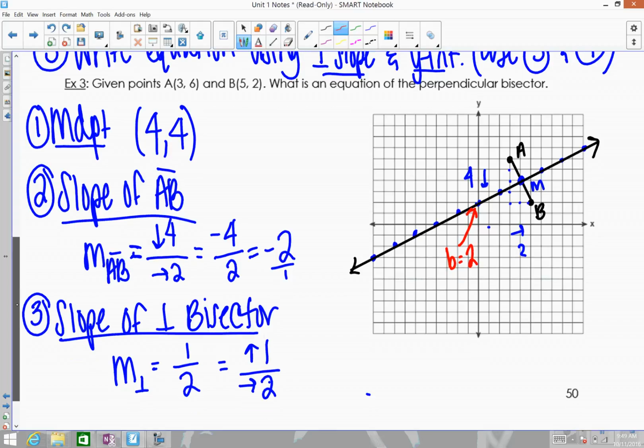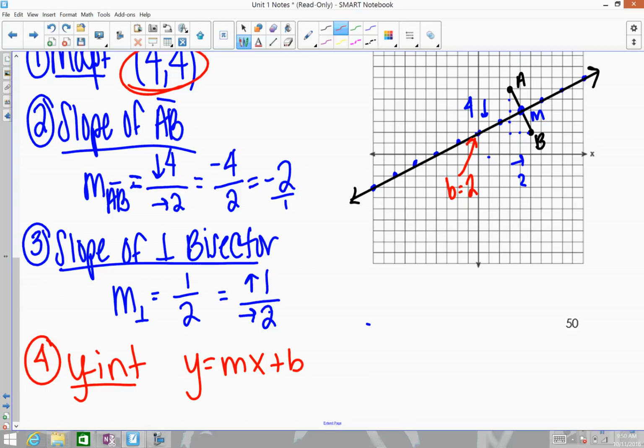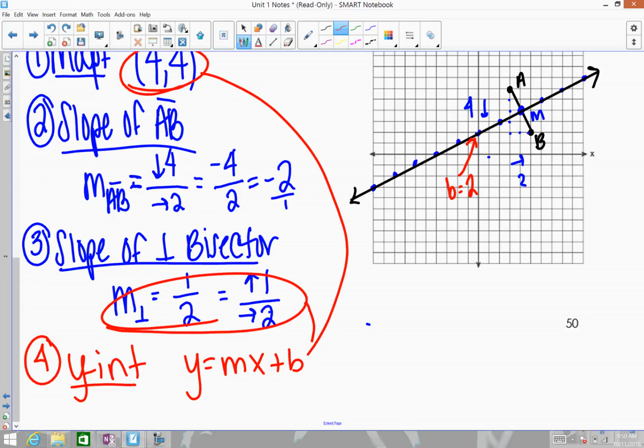Now, remember what I said, step 4, to find the y-intercept, you could plug in. If I plug into y equals mx plus b, you plug in the point that you want your equation to pass through. I want my line to pass through the midpoint, so you use the midpoint and the perpendicular slope. You have to make sure that you use the perpendicular slope and the midpoint, because you want it to have the perpendicular slope and pass through the midpoint.